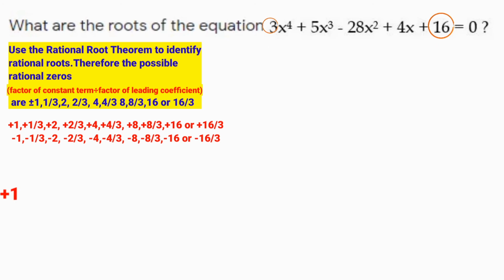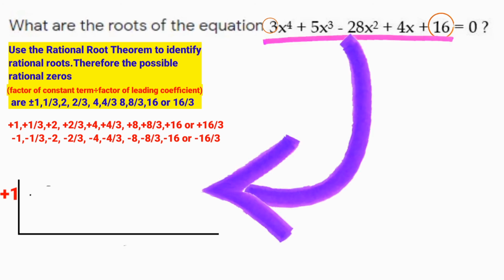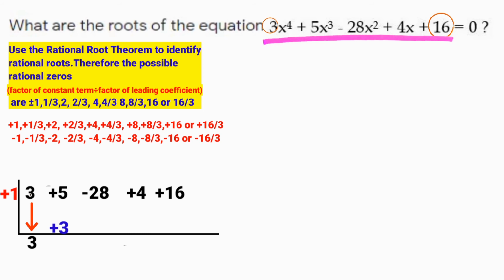Now let's start dividing positive 1 with the coefficients. First, bring down the 3. Positive 1 times 3 is positive 3. Positive 5 plus positive 3 is positive 8. Positive 1 times positive 8 is positive 8. Negative 28 plus 8 is negative 20.